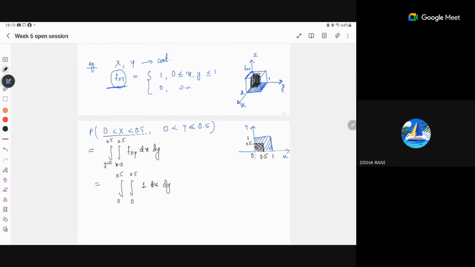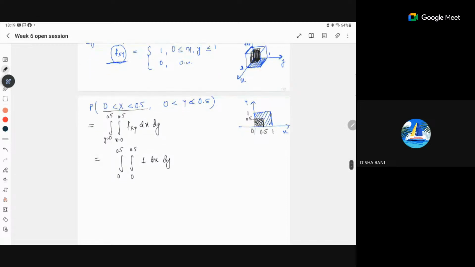So how do we do the double integral? Let's first integrate f of xy with respect to x. I will keep the 0 to 0.5 for y outside, and if we integrate 1 times dx, it will be just x.